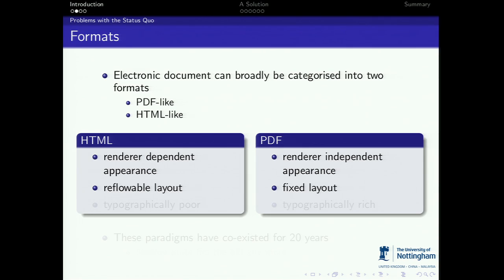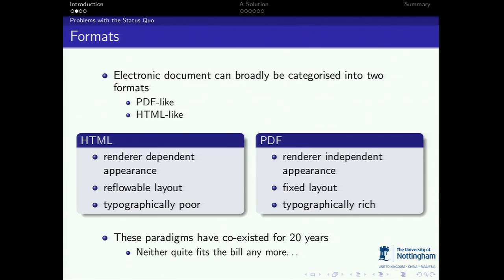Consequently, PDF documents have a very fixed layout. There's really no way of making them flowable with the current paradigm. And HTML documents can be fitted to any screen size, and that's fine. But another consequence of this is that HTML documents look bad. It's difficult to impart good typography on them. And PDF documents can look very good.